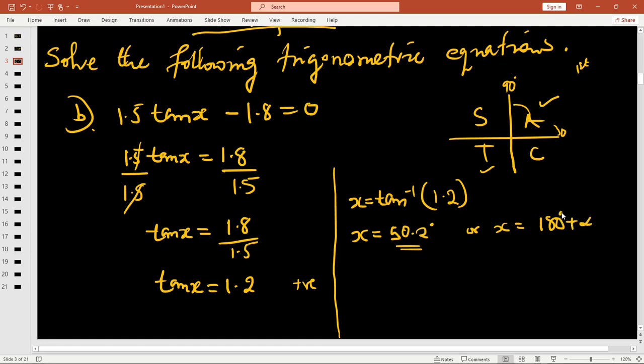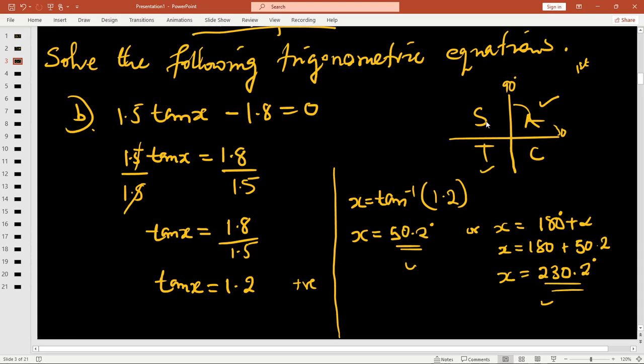Our calculated angle is 50.2 degrees, so x is equal to 180 degrees plus 50.2. So our x is going to be 230.2 degrees. So we have two solutions here. This is how we go about equations that look like this.